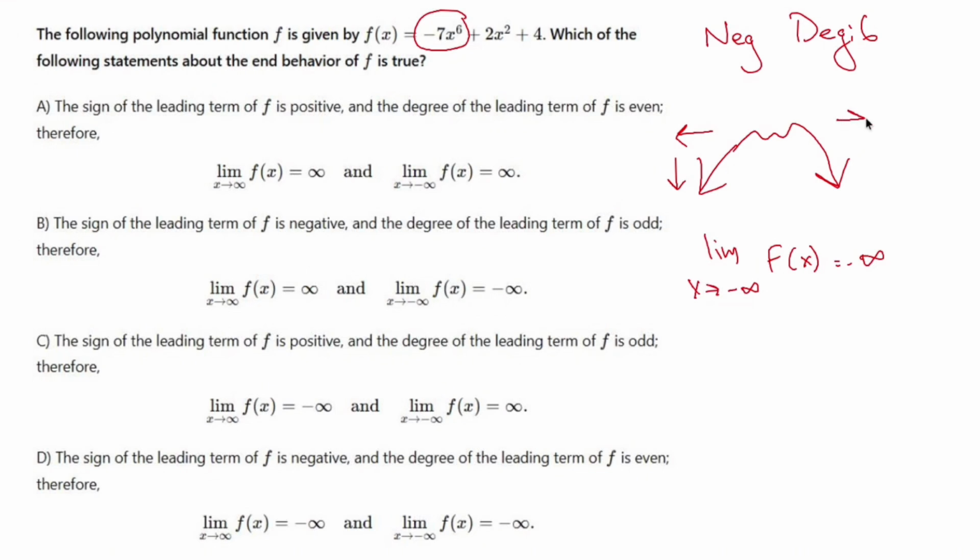As I move to the left, I go down, so the limit as x approaches -infinity is -infinity. Similarly, as I move to the right, the limit as x approaches +infinity of f of x, I'm going down again, which means that is -infinity. So the limit as x approaches -infinity is -infinity, check, no, and the limit as x approaches +infinity is -infinity, check, no, no. Wait, hold on.